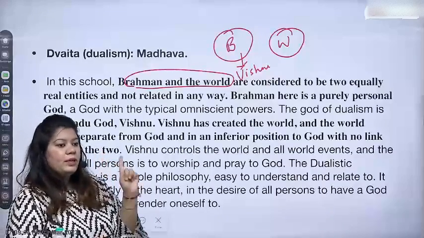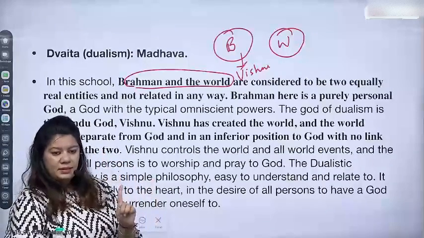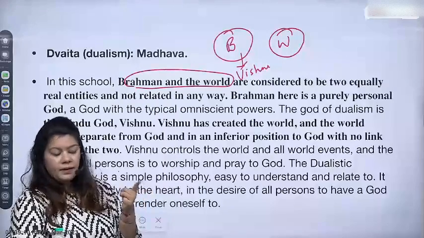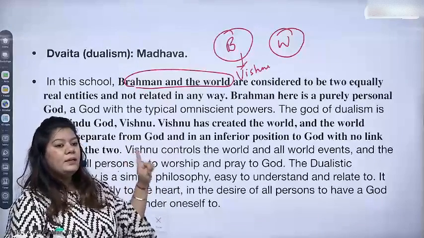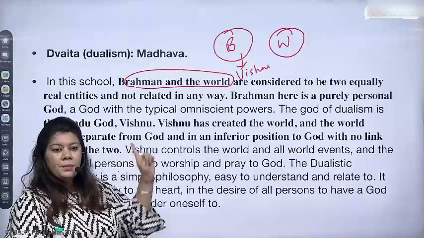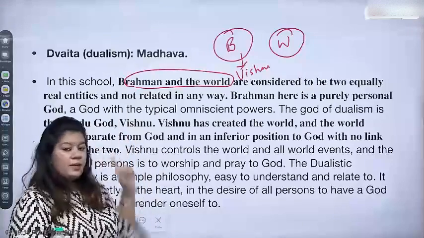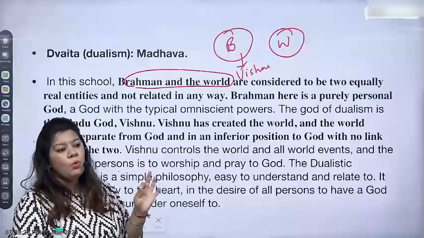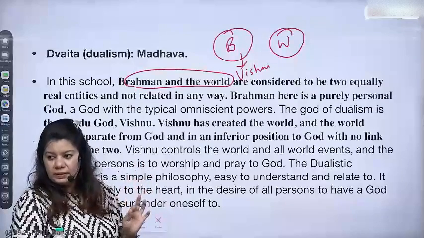They are two equal and real entities. Real means permanent, right? But they are not related to each other in any way. Brahma, according to Madhavacharya, is Vishnu, and it is he who has created this world.